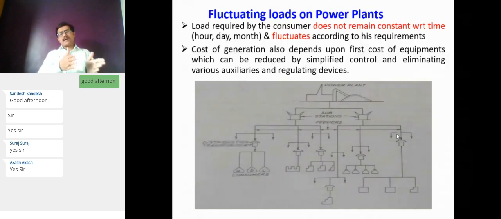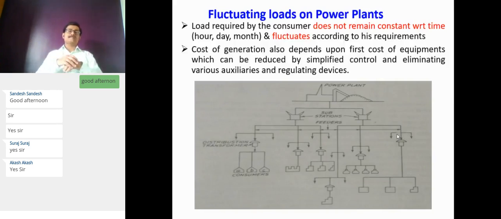It means that your requirements are changing from hour to hour as well. And once you leave your home, you are not having any electricity consumption. The fan is off, your electrical geyser is off, your iron is also off, the television is off. So all these electrical equipments are in off condition.